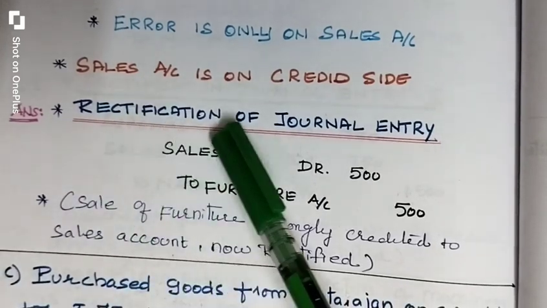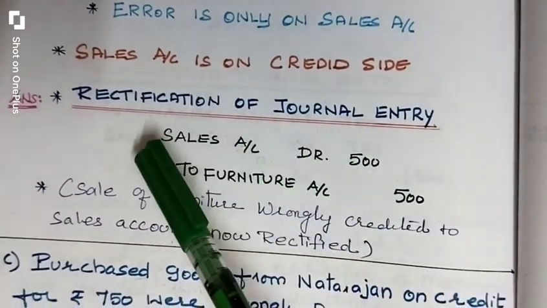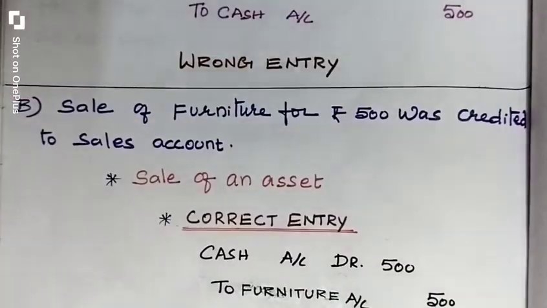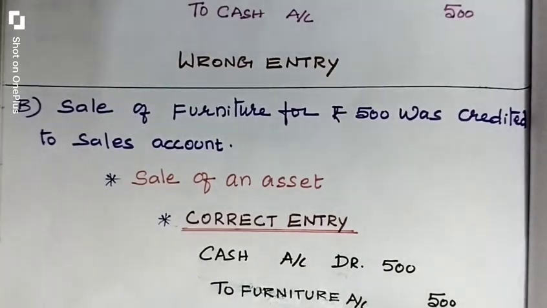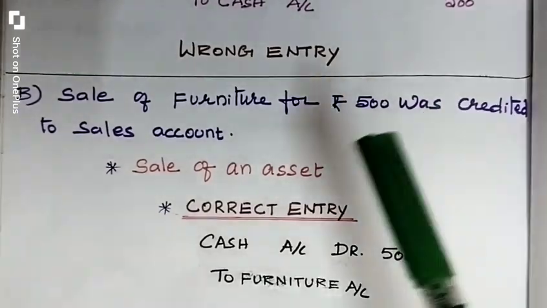The rectification of the journal entry is, listen: in the rectification of a journal entry, you always enter the correct account on the correct side. Which is the correct account? Furniture account is the correct account.